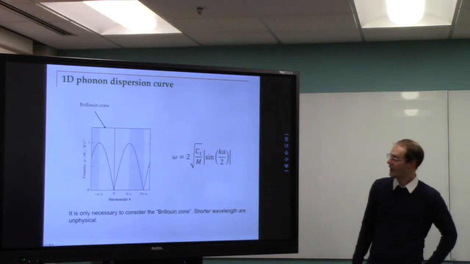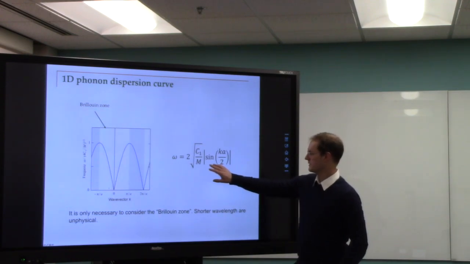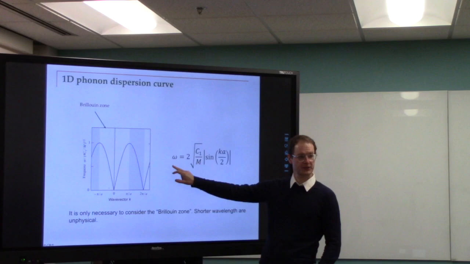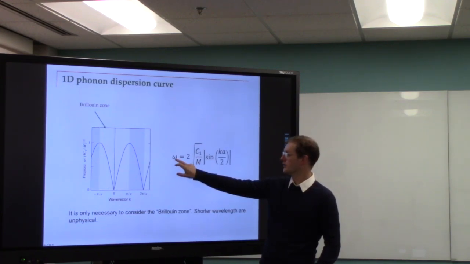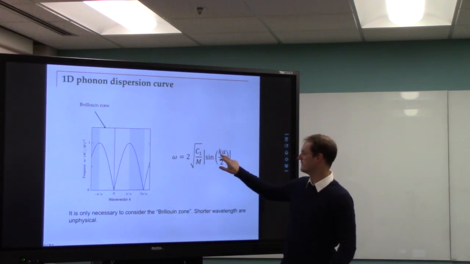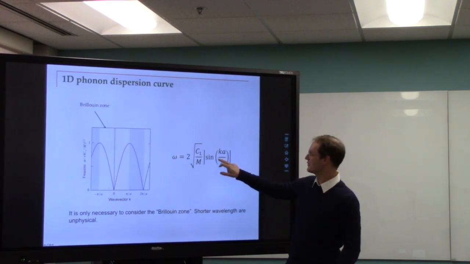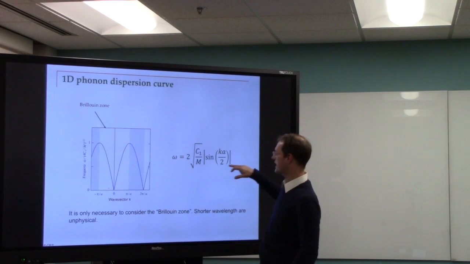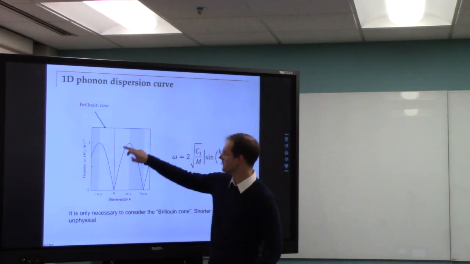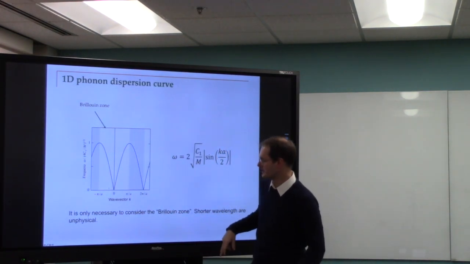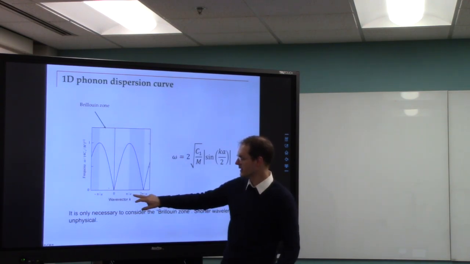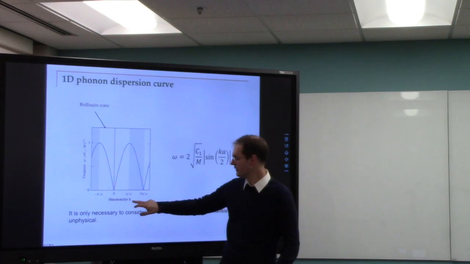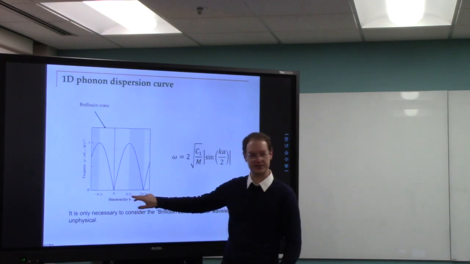Okay, so we also derived just a couple of slides ago this dispersion relation, which gives the relationship between the frequency omega and the wave vector k. And so if you plot this function, it's proportional to an absolute value of a sine. And so it looks like this. But like we said, the phonons have a maximum frequency when the wave vector equals pi over the lattice constant.